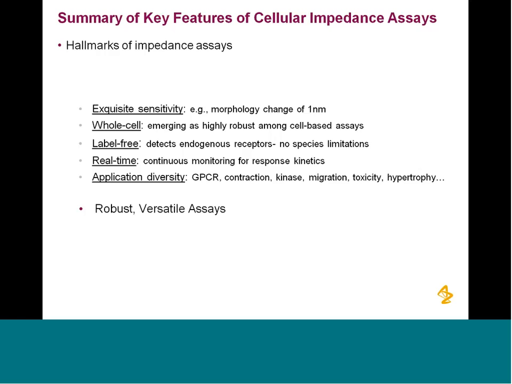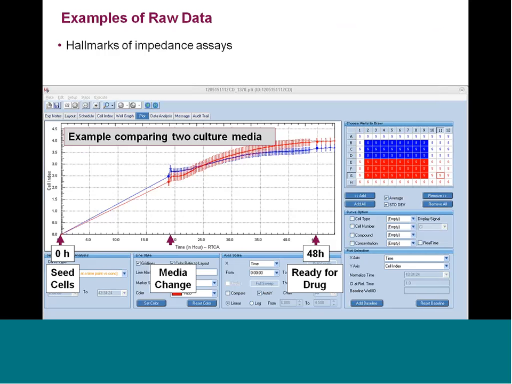Now I want to move specifically into the XCELLigence Cardio. And I want to orient you by giving you a couple of screenshots of what the data look like. This is an experiment, just a screenshot from an experiment where I was comparing rat neonatal cardiomyocytes grown in glucose versus galactose.